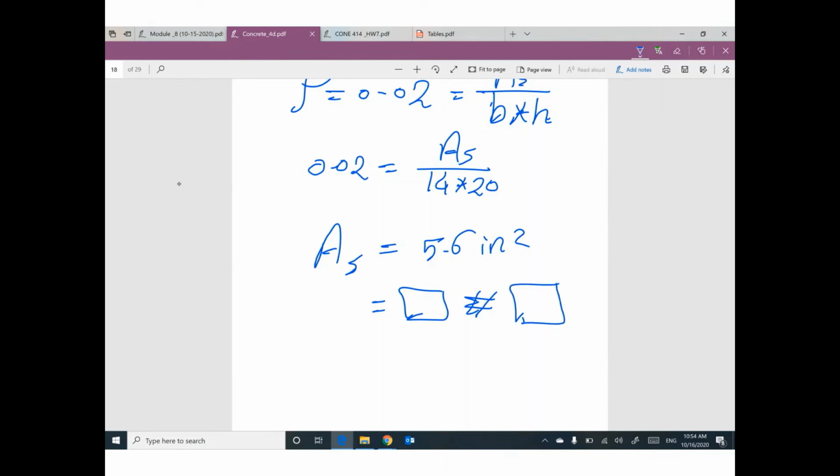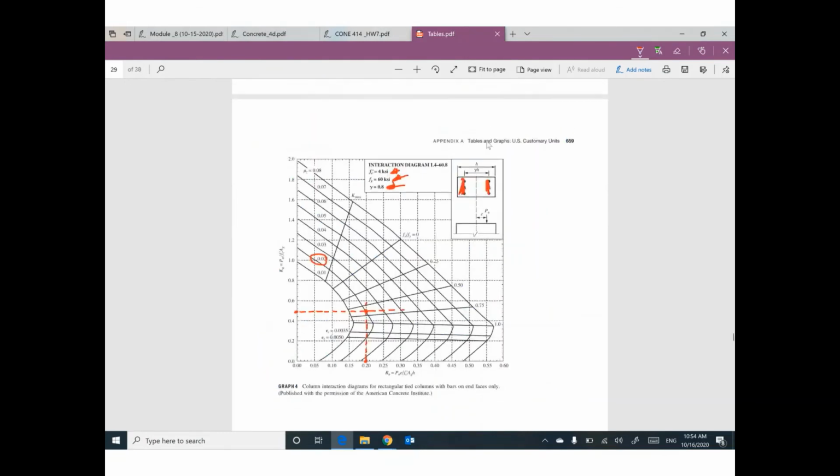Make sure this number must be an even number. Why? Because your steel reinforcement on this side will be the same as this side. So if you put 5 here, you have to put 5. If you put 4 here, you have to put 4. So the total number must be an even number. So go back also to the table to see which size you are going to use.